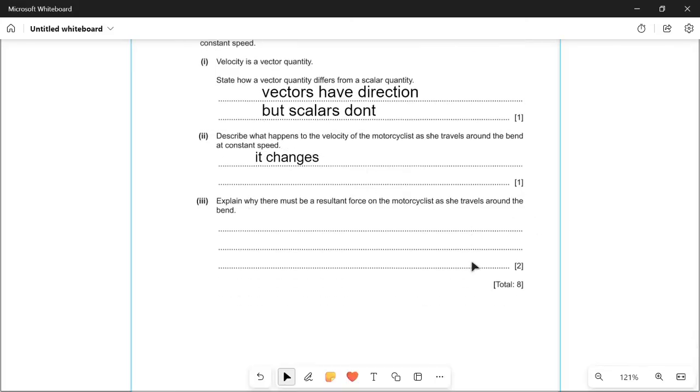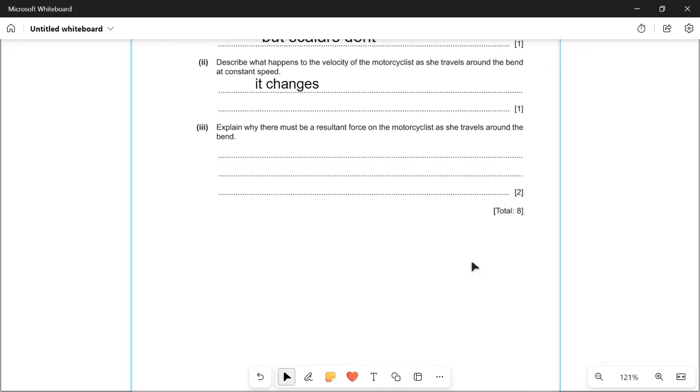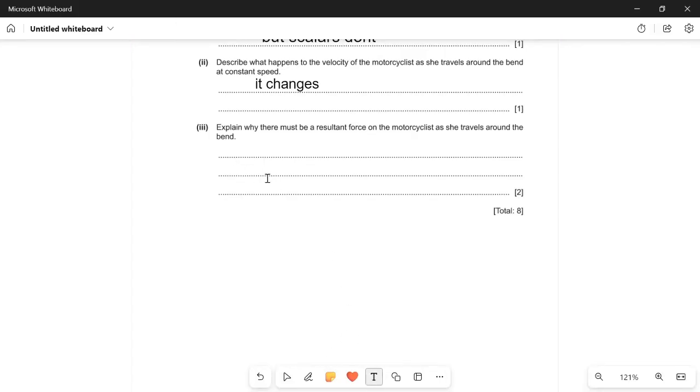Next question. Explain why there must be a resultant force on the motorcyclist as he travels around the bend. So the explanation could be that there is a resultant force present because there is a change in velocity.